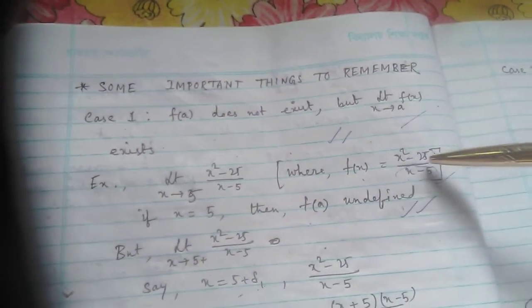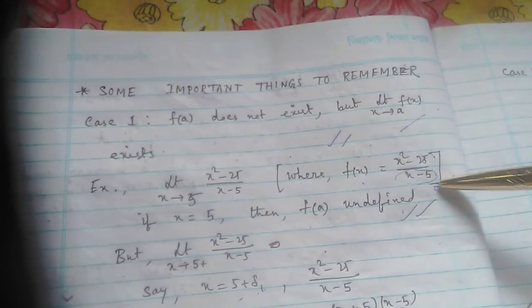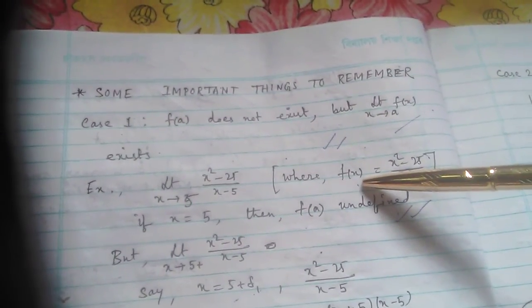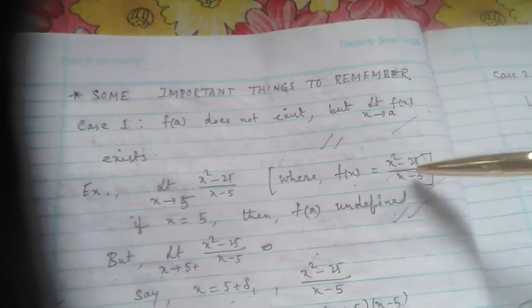Here f(x) is (x square minus 25) by (x minus 5). So you can very easily see that if we put x equal to 5, then we get the denominator 0, which is undefined.